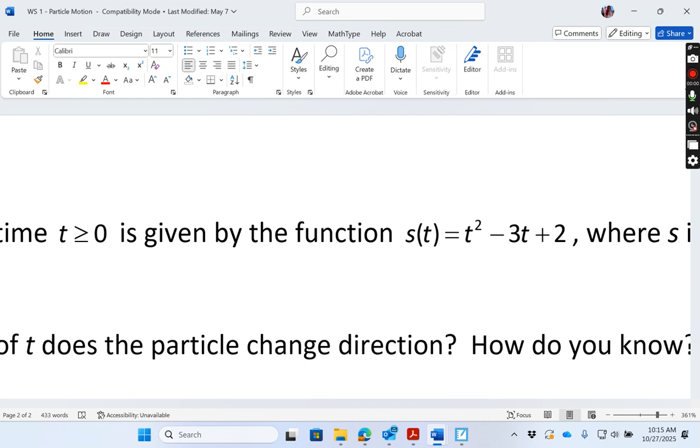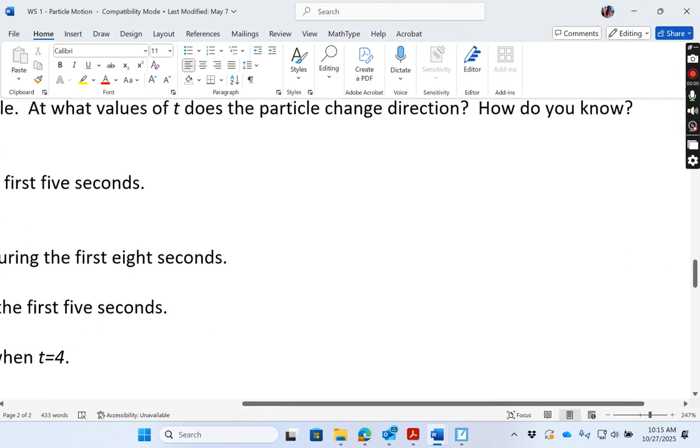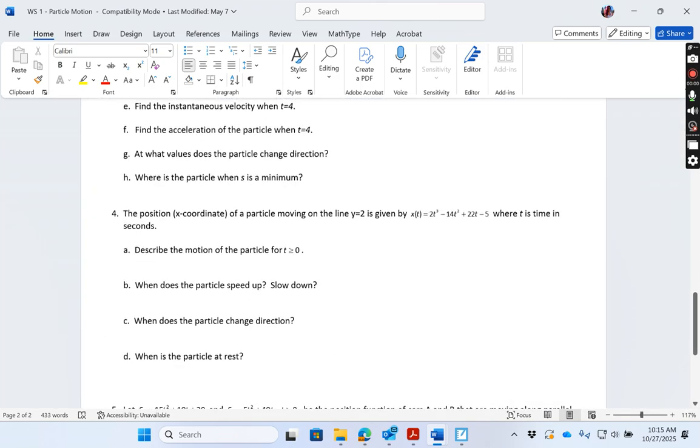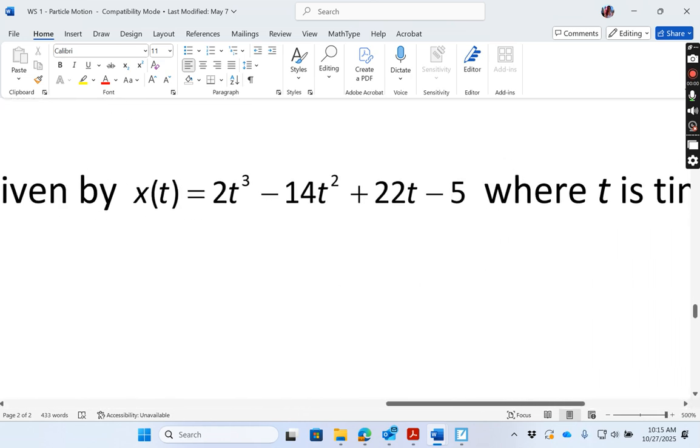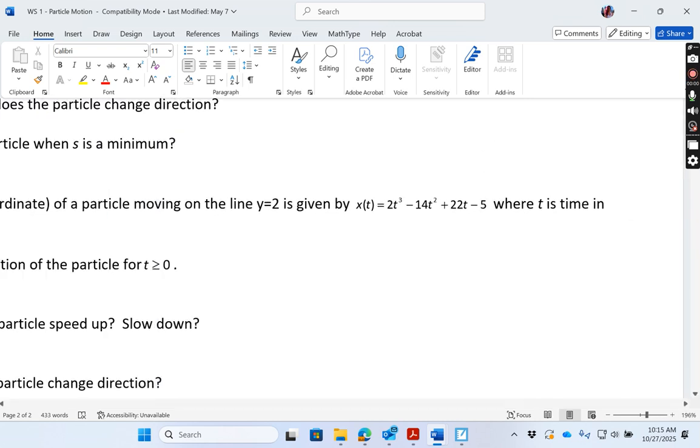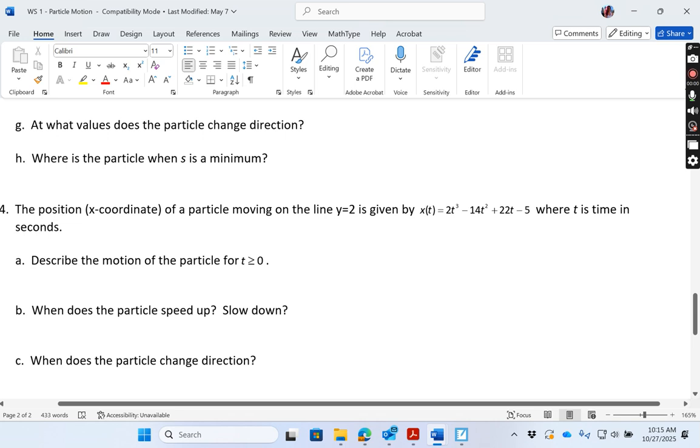Looks like you got all of the questions on there. Then let's go to number 4. There's the equation for that one. I said print everything but the equations. I have no idea why it did this, because clearly they're in the document.